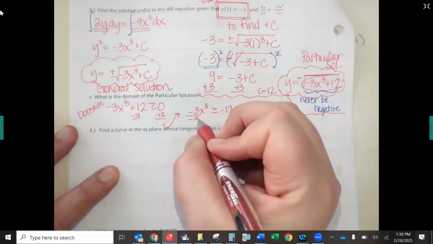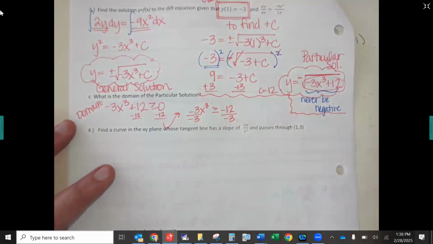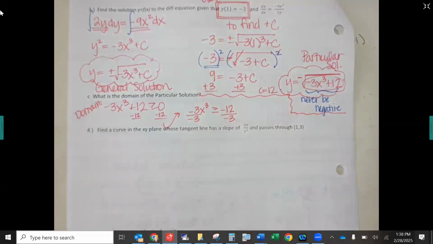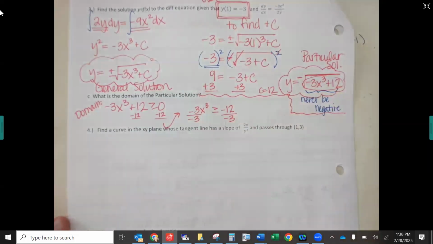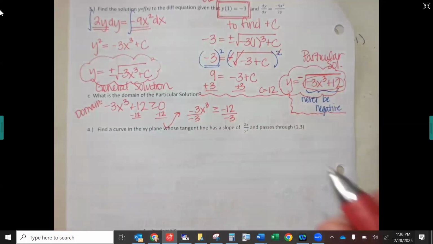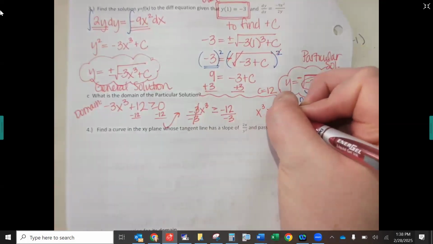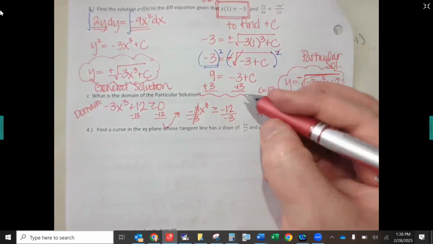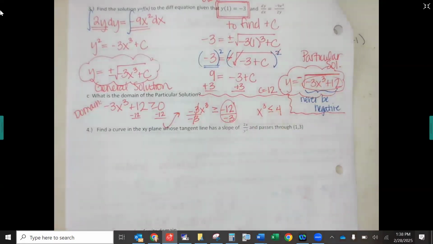Good. You divide by negative 3, but then there's a special thing that happens with inequalities: anytime you multiply or divide by a negative, you have to flip your greater than around to be a less than. Do you remember that? So now it'd be x cubed less than or equal to negative 12 divided by negative 3, which is 4, and then from there, take the cubic root.